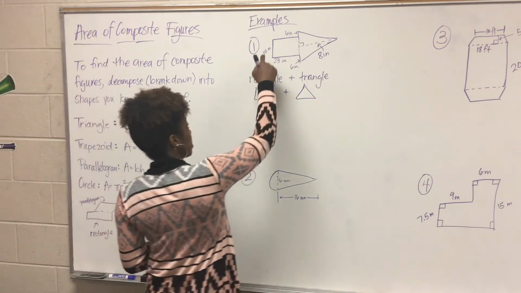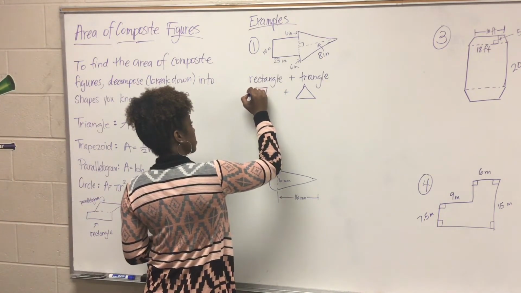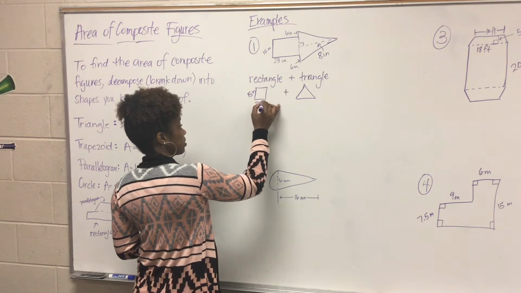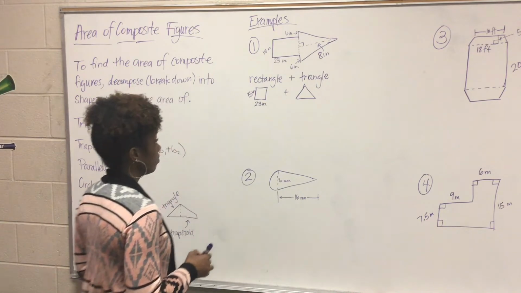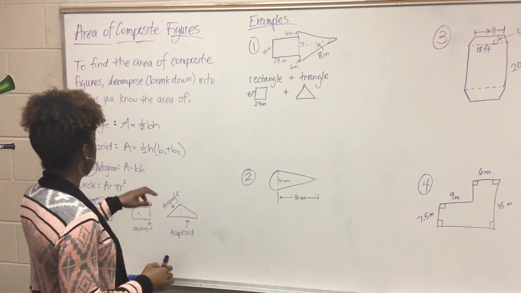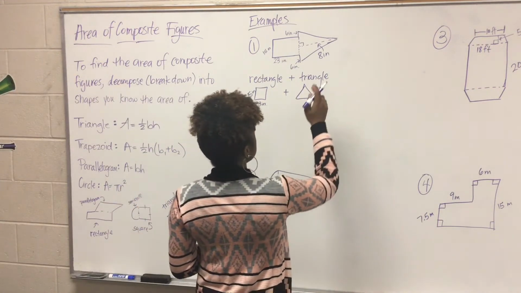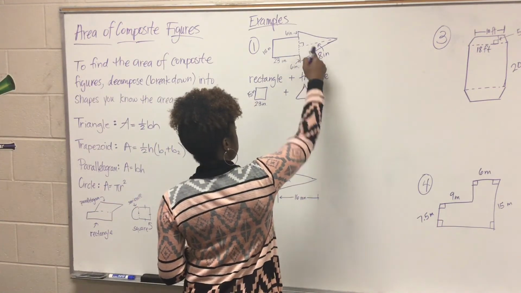So for the rectangle, the height is 15 inches, and the base is 23 inches. For the triangle, I need the base and the height. The height is 8 inches, it gives it to us.